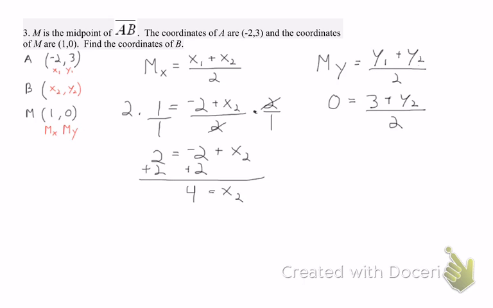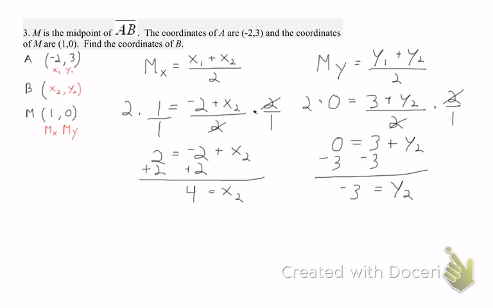Again, we bring the 2 over to the other side, and we see that the 2's cancel, since 2 divided by 2 equals 1. 2 times 0 is 0. And then we have 3 plus y2. To bring the 3 over, it's a minus 3, and we find that the endpoint B has a y-coordinate of negative 3.